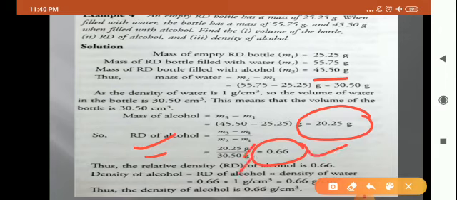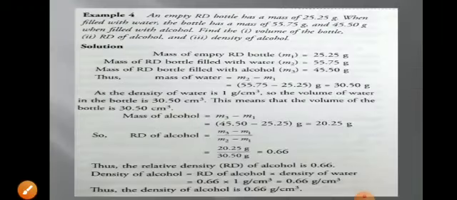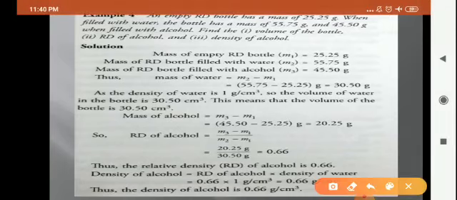Now from this value, can you find the actual value of the density? Yes, I have already explained in the activity how. Sorry, the relative density RD of the alcohol is 0.66. Therefore, if you want to get back density, then density of the alcohol is equal to RD of the alcohol into density of the water.